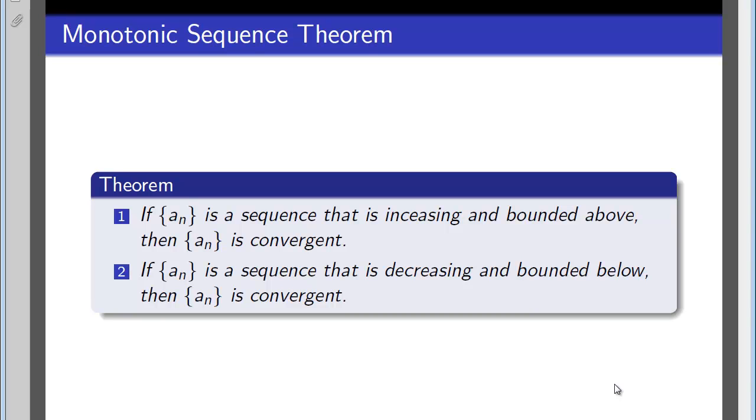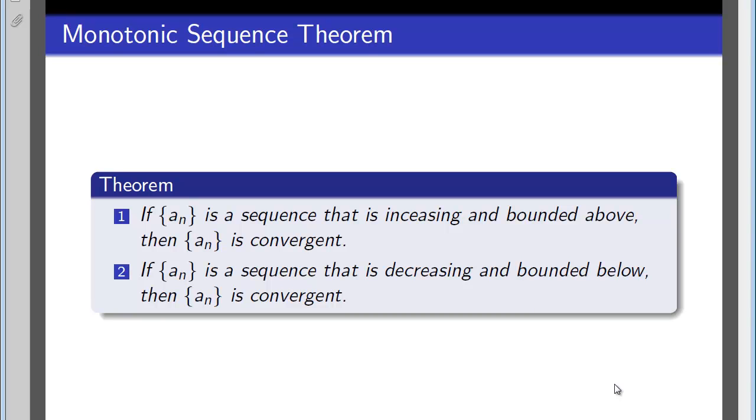Increasing and decreasing properties of sequences and boundedness can also be used to show that a sequence converges. In this case, there are two steps. One of them is if a sequence increases and is bounded above, then it is convergent.